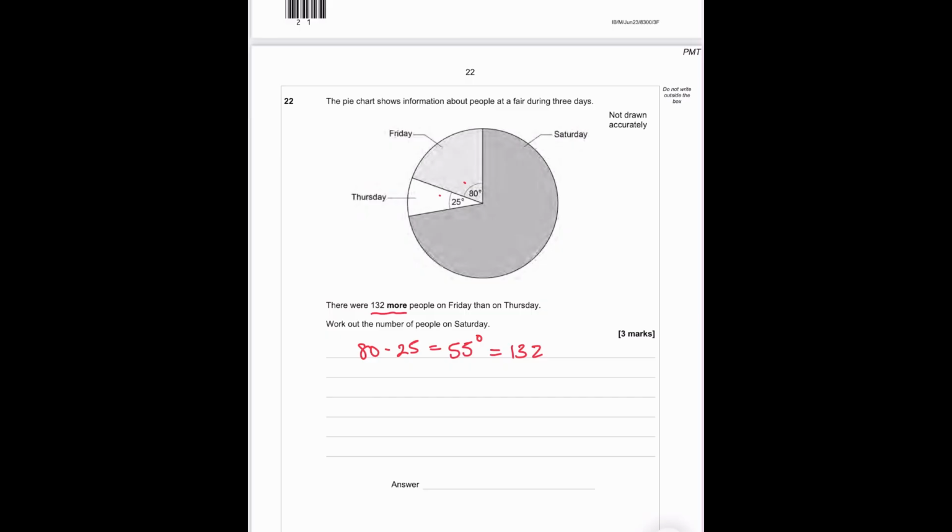So 132 divided by 55 is 2.4 people per degree. So on Saturday, there were 360 minus 80 minus 25, which is 255 degrees, times that by the 2.4 people means that there were 612 people.